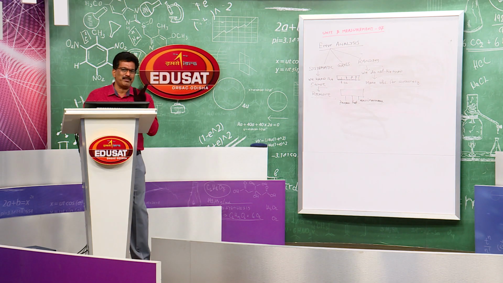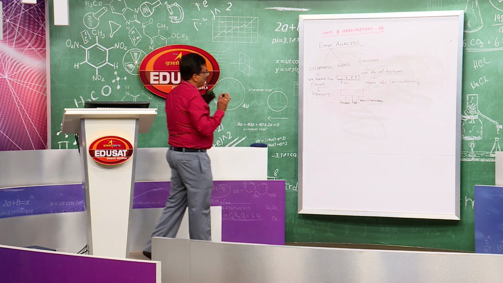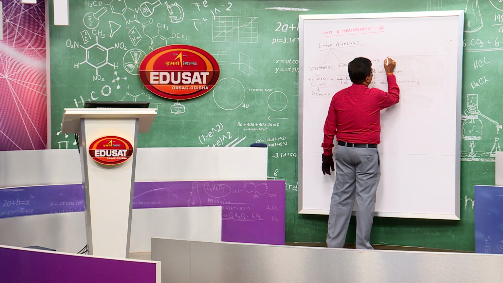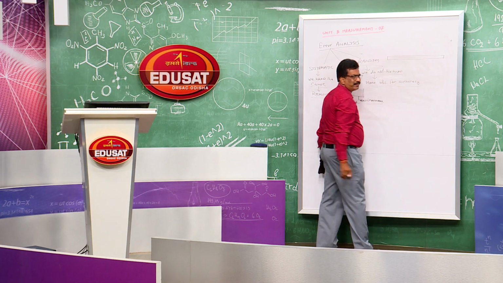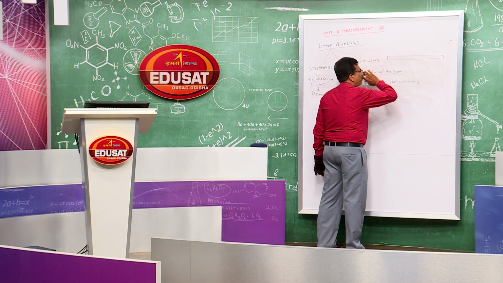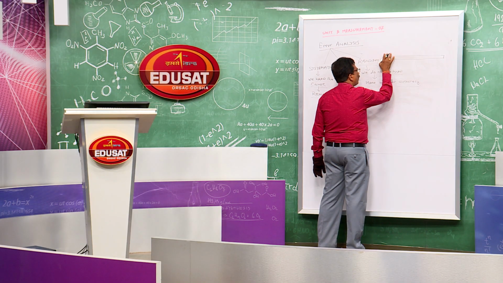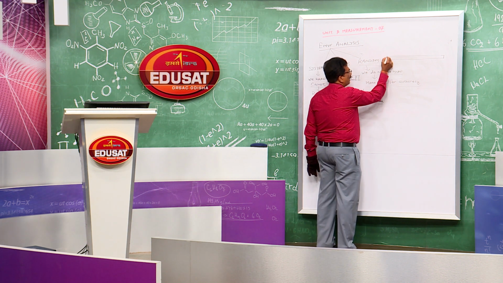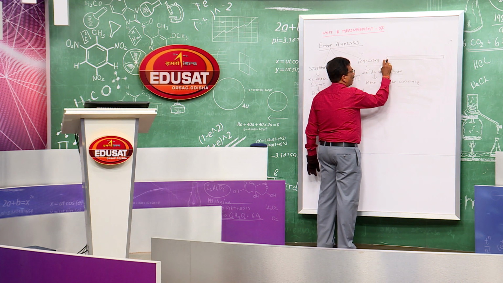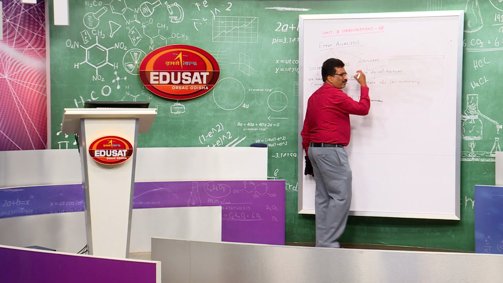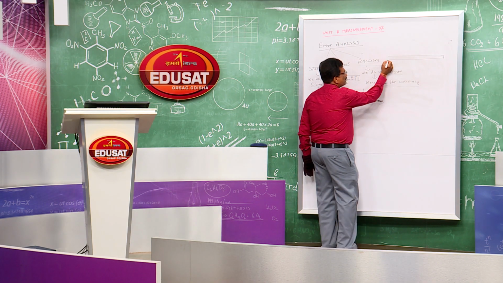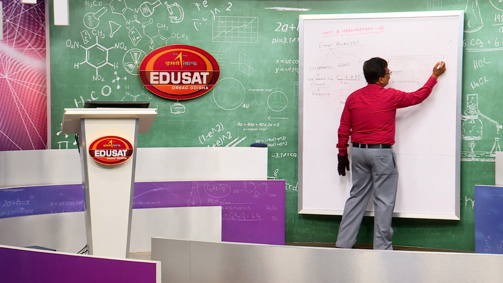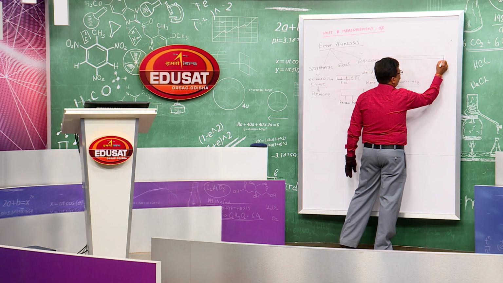Next is the instrumental error. As an example, suppose you have a tape with which we are measuring length. The tape is frequently used, and suppose one end has been cut off. It should start from 0, but that part has been lost, so it starts from the 0.2 position. Suppose the length reads up to 40 centimeters.